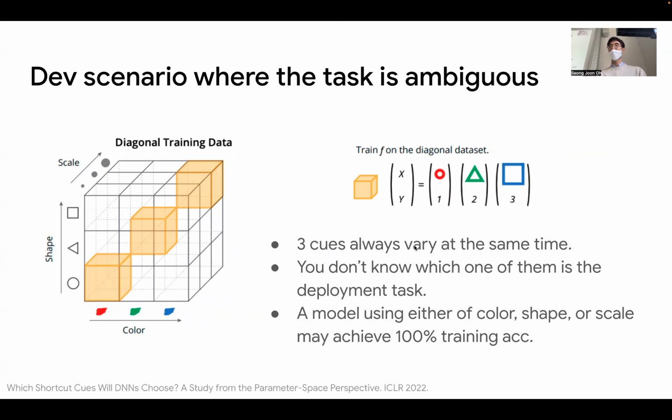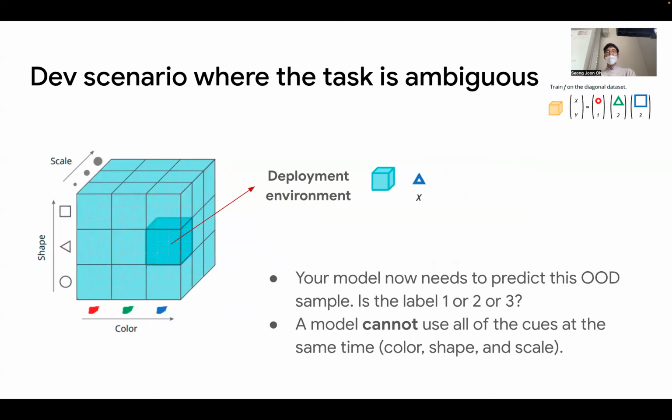Because they are varying at the same time, it's impossible to see what exactly you mean by each label. Because if you choose scale, you're still going to get 100% accuracy in your training set. You're going to get 100% accuracy whether you choose color, shape, or scale. So your training set is not giving you any information on which one of them you should choose.